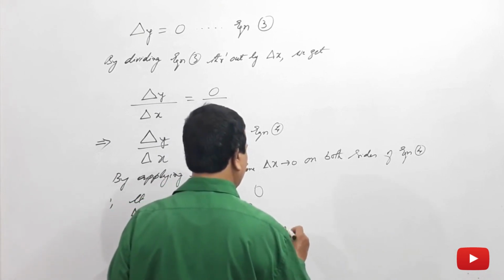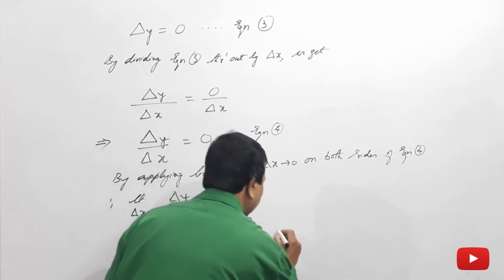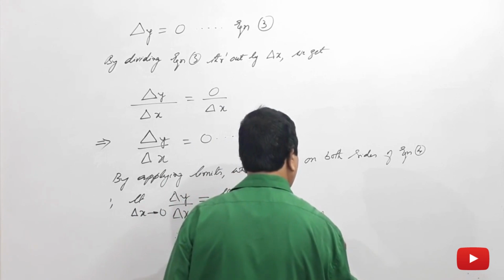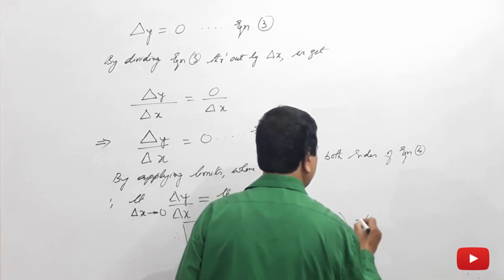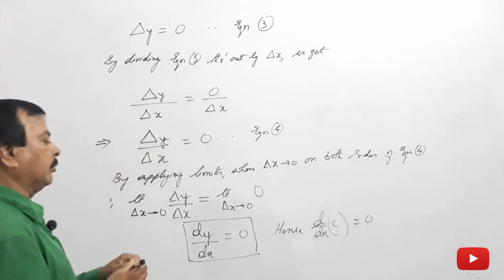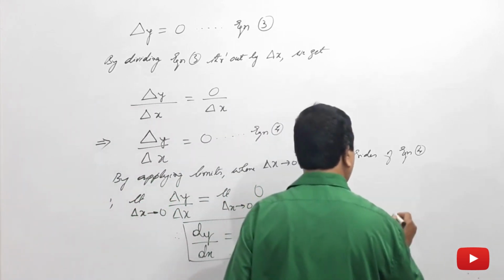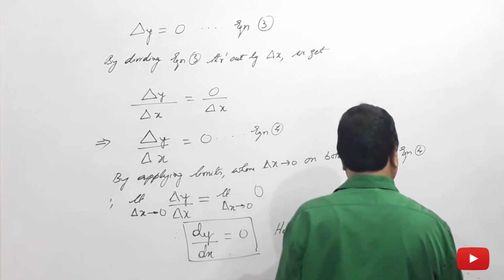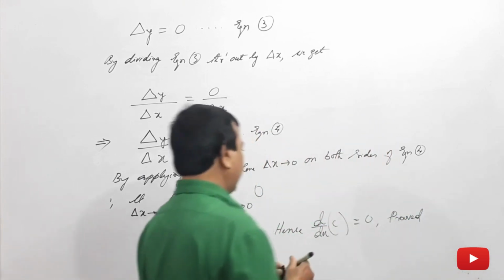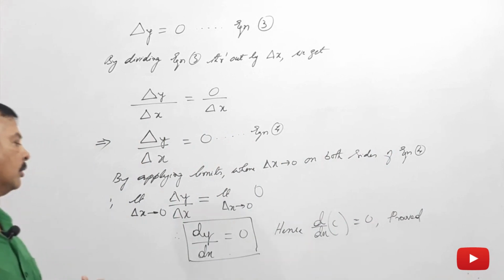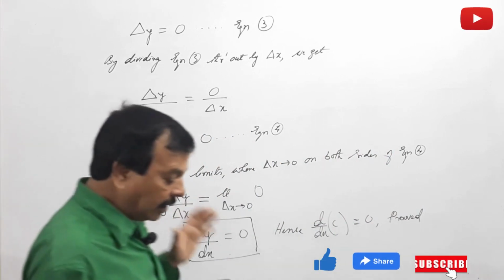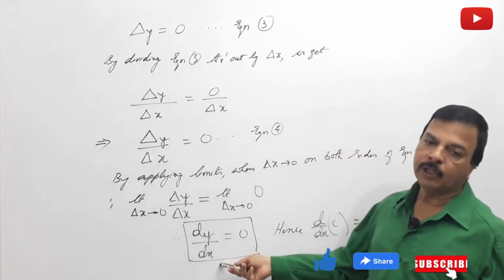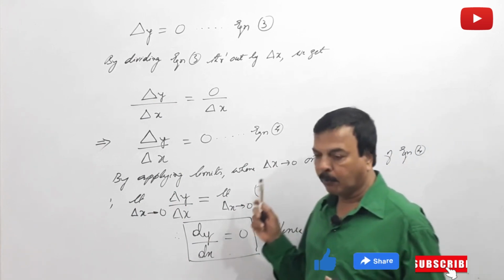Hence, d by dx of a constant is 0, which is proved. Please make a note of this. In a nutshell, d by dx of a constant is 0.